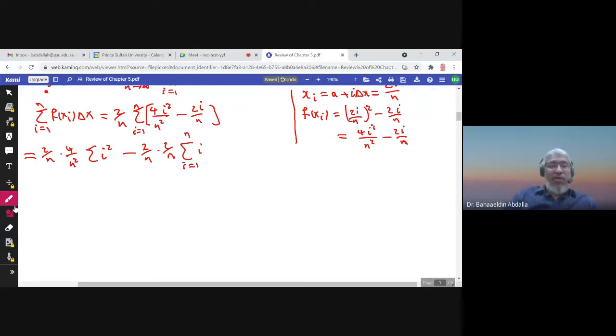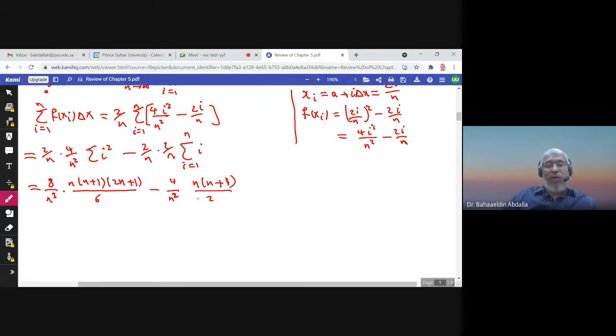Now I will have 8 over n cubed if you multiply these two, times the summation of i squared, and I have a formula: n times (n plus 1) times (2n plus 1) over 6, minus 4 over n squared times the summation of i, which is n times (n plus 1) over 2.